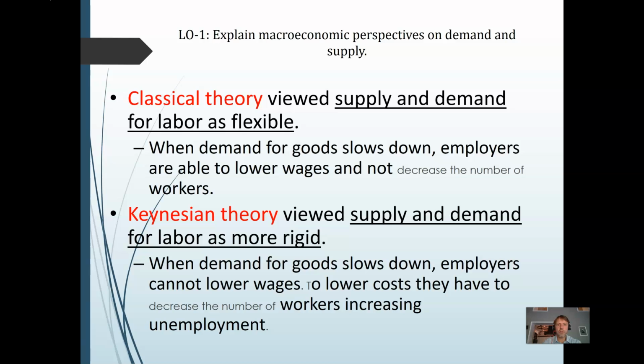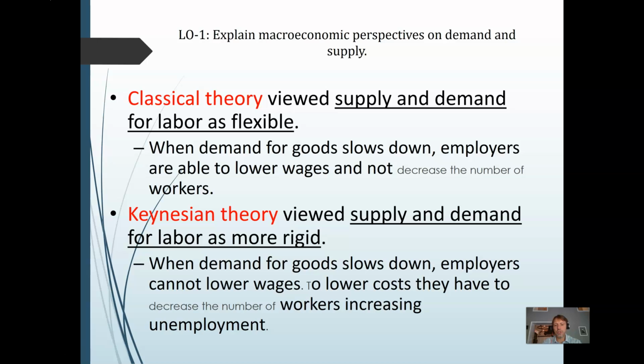So classical theory again, they view supply and demand for labor as flexible, meaning that the amount of jobs that we need or want, the wage that we're willing to pay for workers, should be able to go up and down just as easily. And over a long period of time, again, that seems to hold true. Keynesians' view is that the supply and demand for labor in particular is more rigid, that when the demand for goods and services slows down, employers can't simply lower wages.